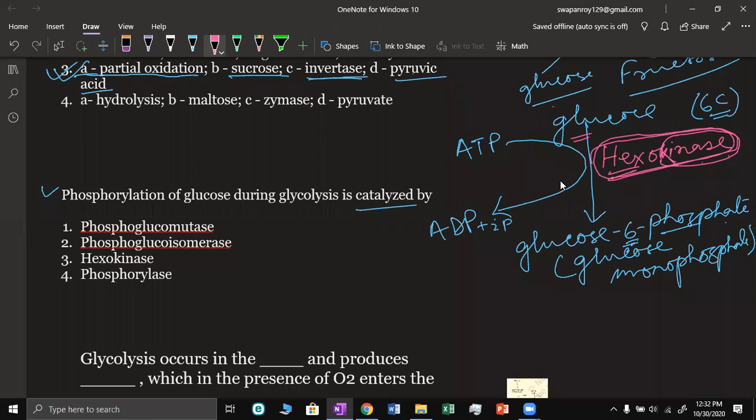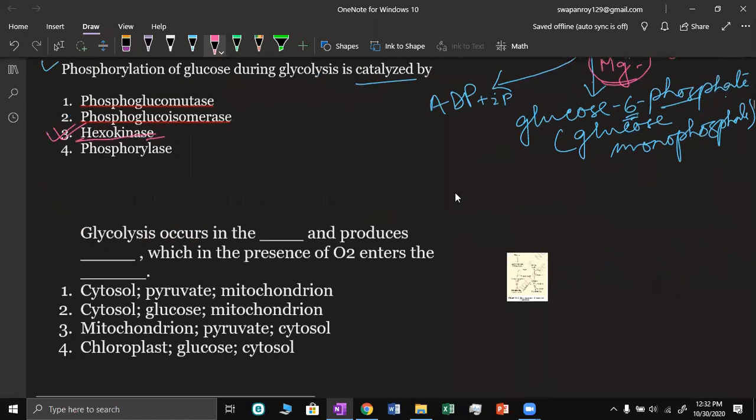So this phosphorylation process is catalyzed by the enzyme hexokinase. And here the metallic activator magnesium is also used as a catalytic activator.